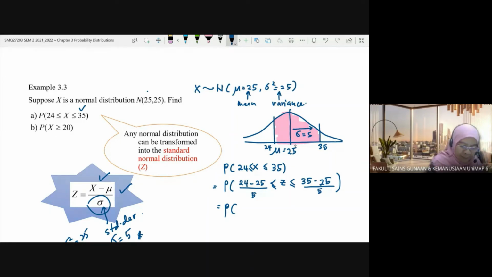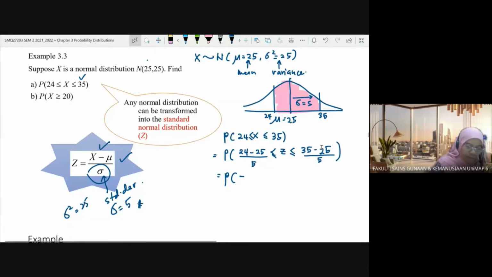Okay, so what's the value here? You got negative, right? Negative what, class? Is it negative 0.2? Yeah. Then Z, what about this one?